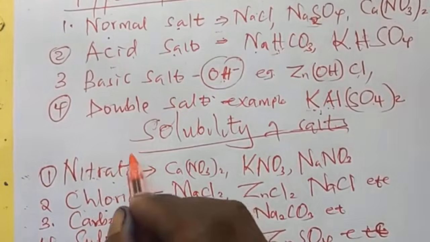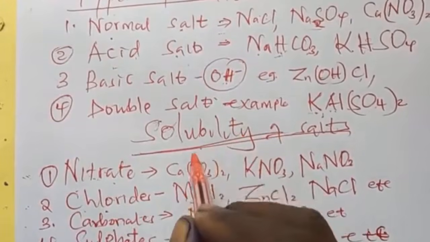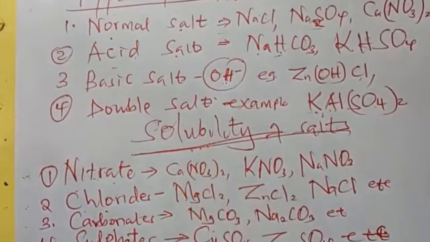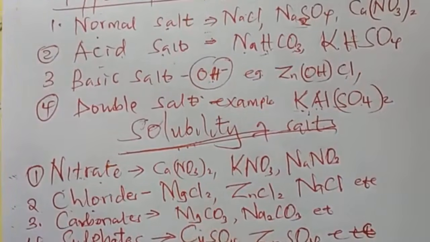Now we will go straight away and see the salts which are soluble in water and those that are not soluble in water. This is very important in practicals and in answering general questions in chemistry. The question is, are all these salts we have mentioned soluble in water? No, not all of them are soluble in water.